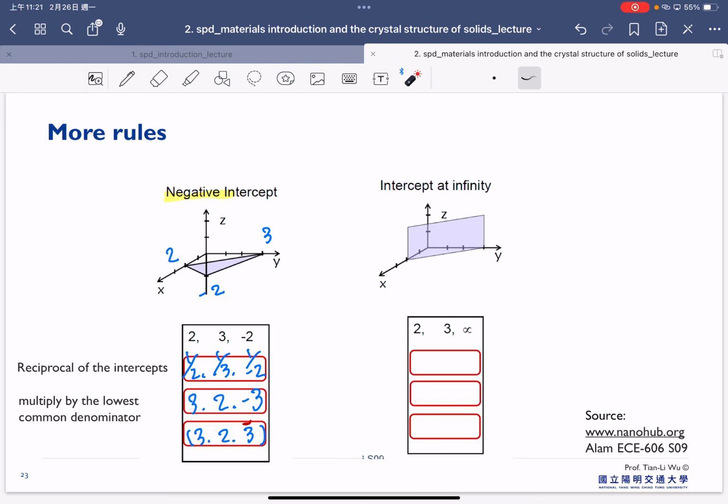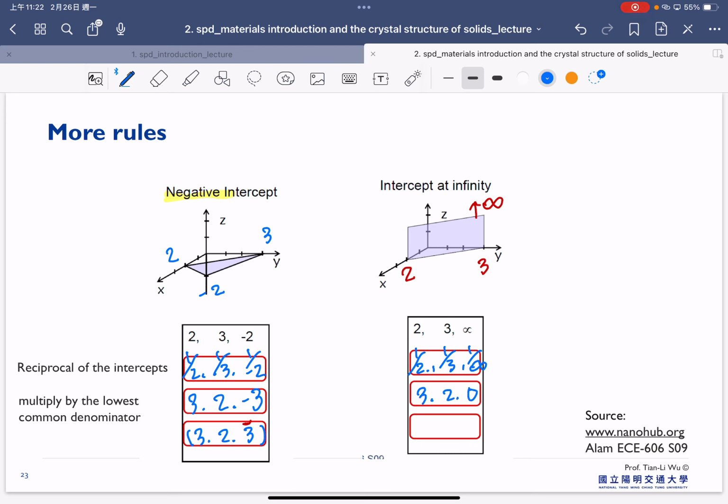Also, we could be interested in a plane where one intercept approaches infinity. If you look at the intercepts here, they are 2, 3, and infinity. Again, we take 1/2, 1/3, 1/infinity, and that becomes 3, 2, 0.